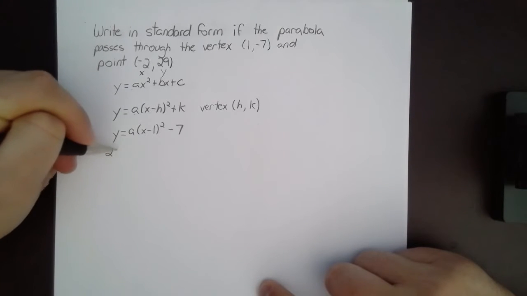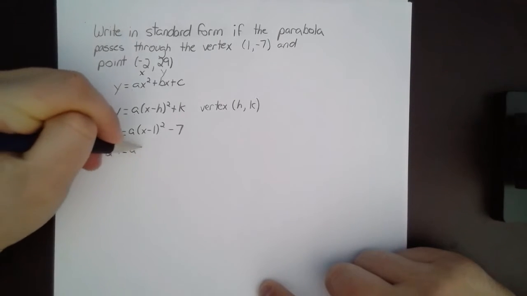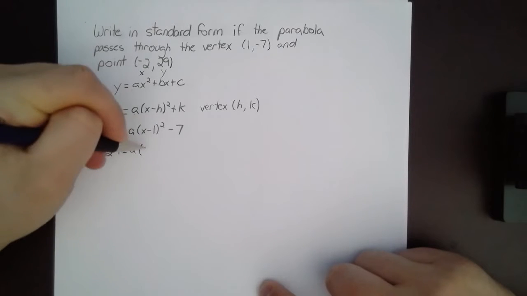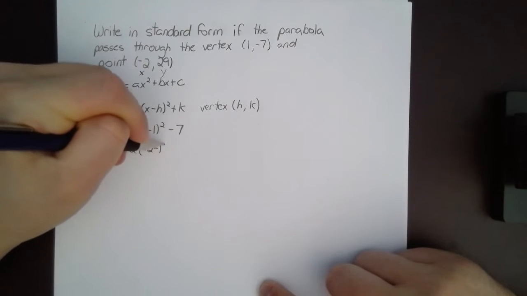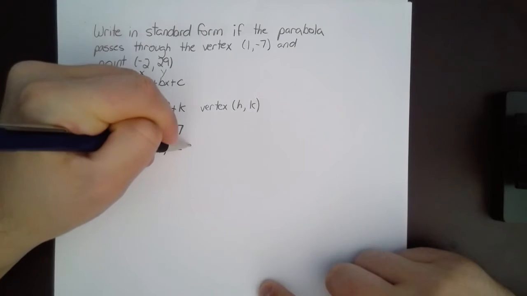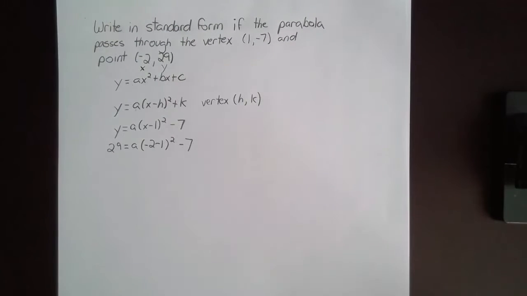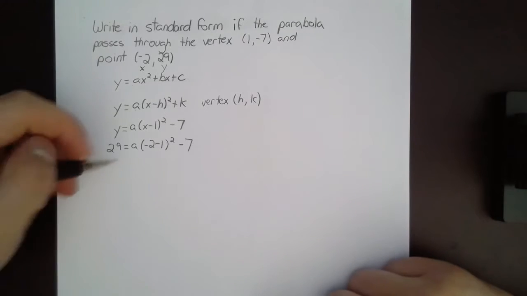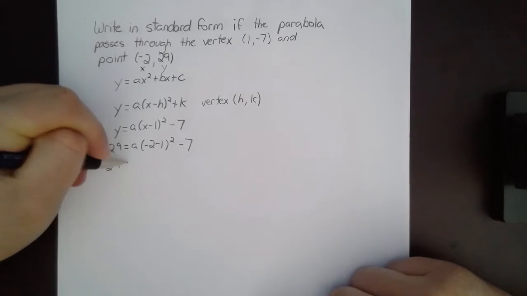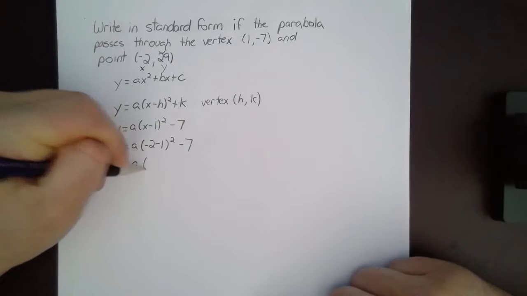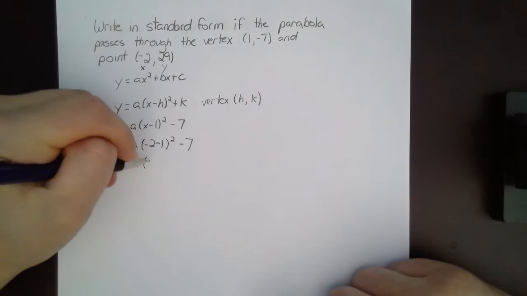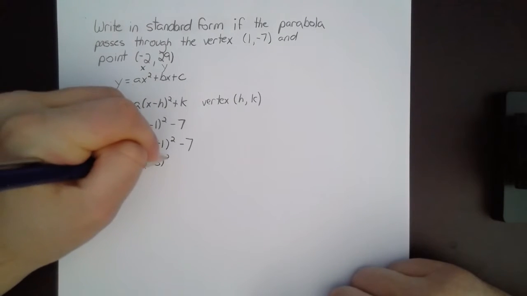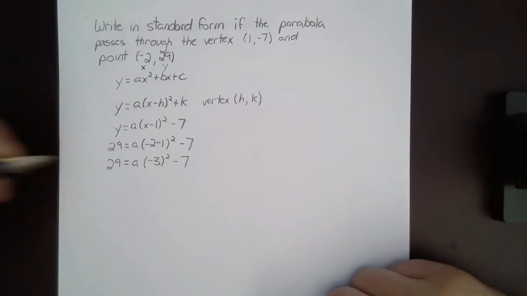So let's do that. We're going to have 29 equals a(-2 minus 1) squared minus 7. Okay, and now we can just use BEDMAS to clean up this equation. So we have 29 equals a, well, -2 minus 1 is just -3, squared, minus 7.